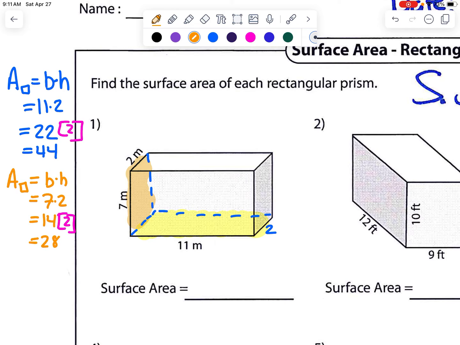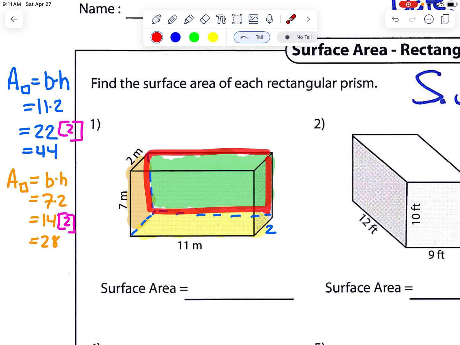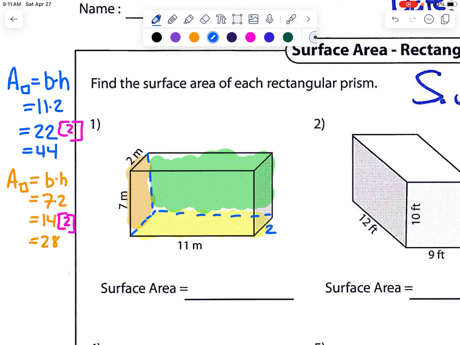Okay, now I'm going to highlight so you can focus on what I want you to focus on, which is this back one here. This green one. This one has a base of 11 and a height of 7, ladies and gentlemen. It has a height of 7 because this is 7, so is this one, and this one. So I could even put 7 right here.